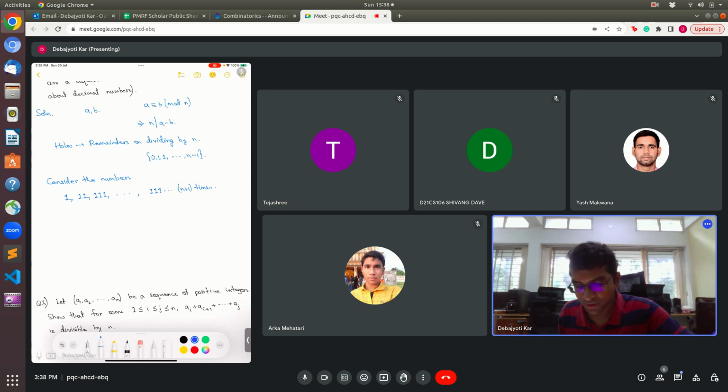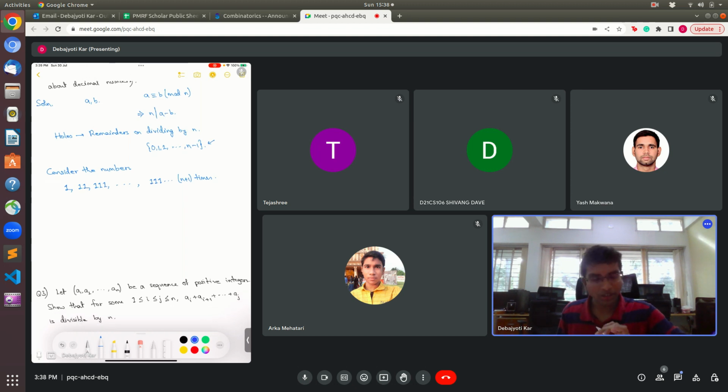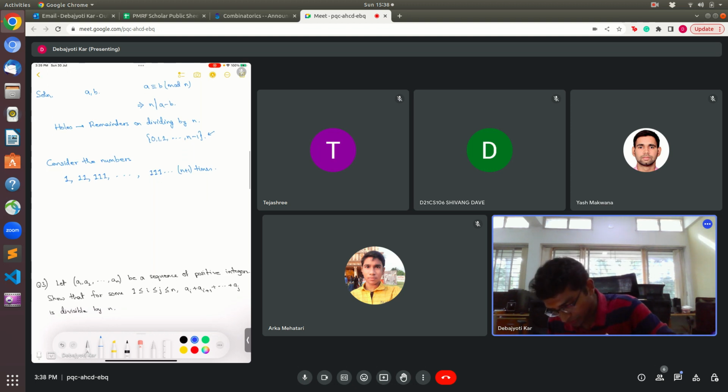So the ith number consists of i consecutive ones. So we have these n plus 1 numbers. Now if we divide these n plus 1 numbers by n, there are n possible remainders, which are 0, 1, 2 up to n minus 1. So by the pigeonhole principle, there must be two numbers such that they have the same remainder.